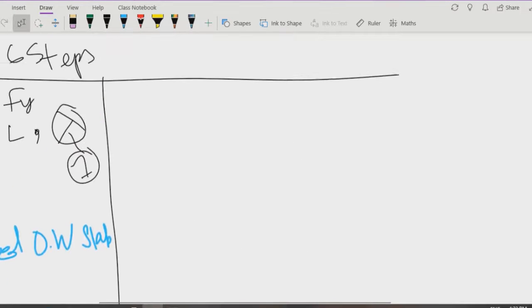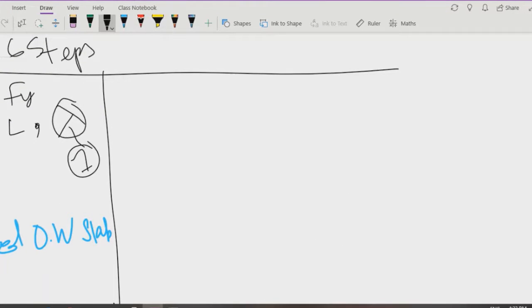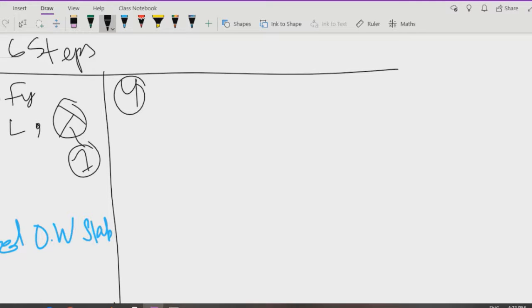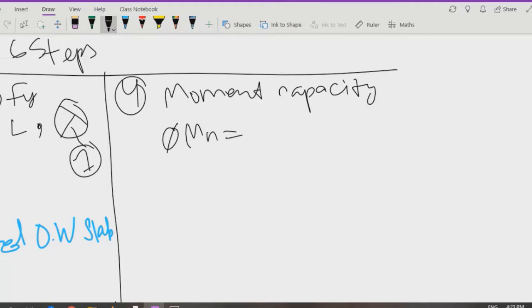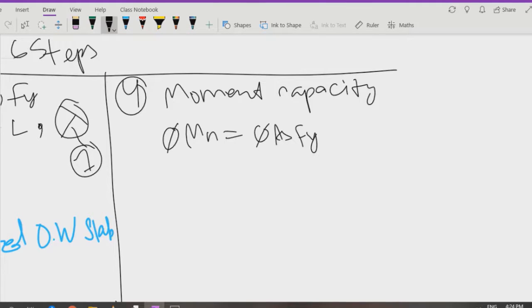Now we will go towards our fourth step. In this step we have to calculate phi Mn, checking the adequacy of moment, the moment capacity. To calculate the moment capacity, we have the formula phi Mn is equal to phi As fy times d minus a by 2.